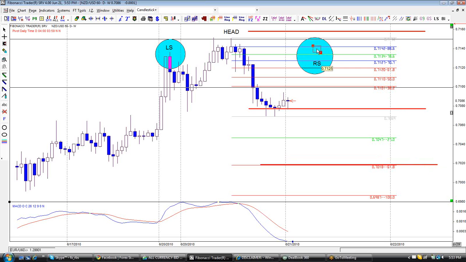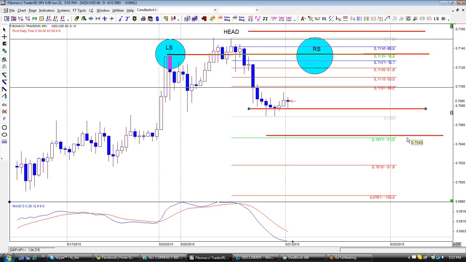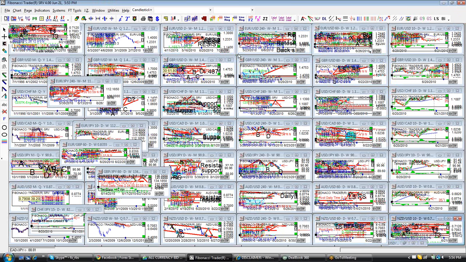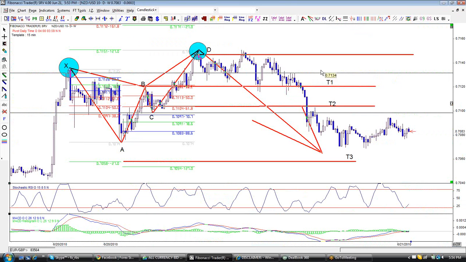Now if we have a good right shoulder formed at the 786, of course I will be placing my second limit here at 127.